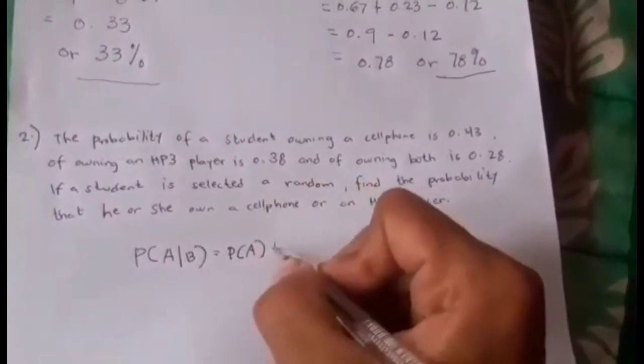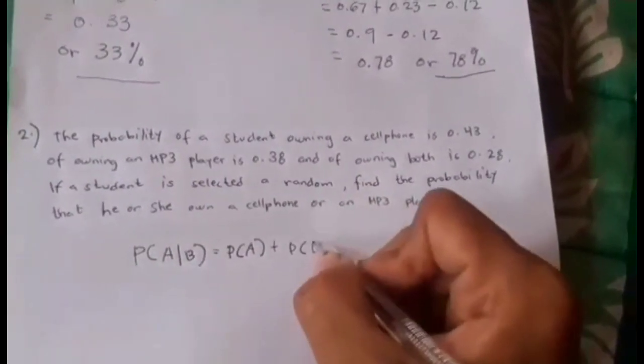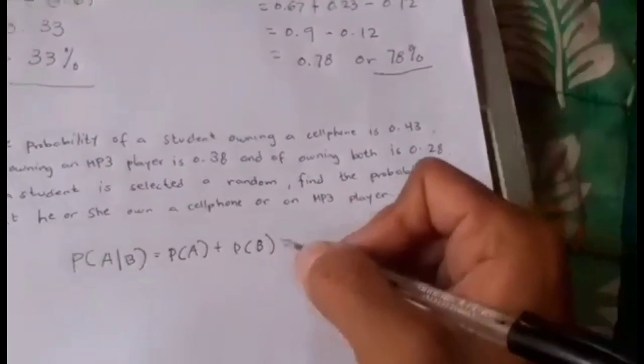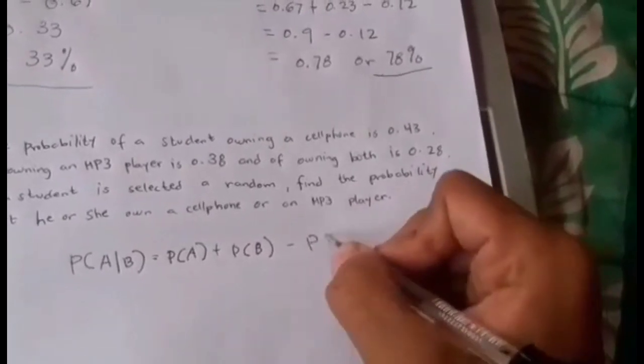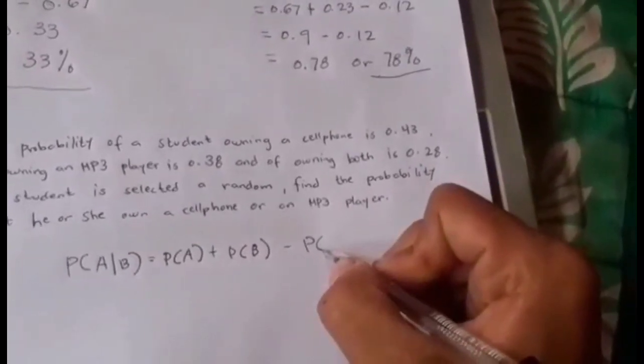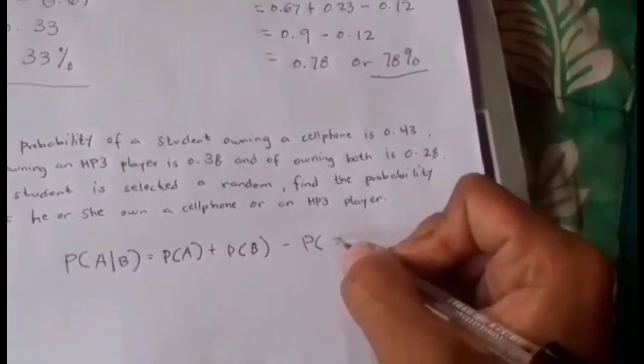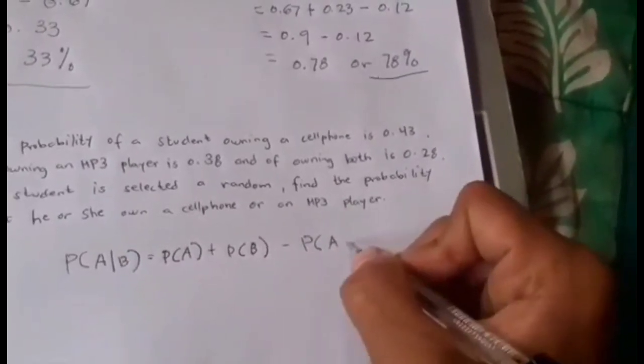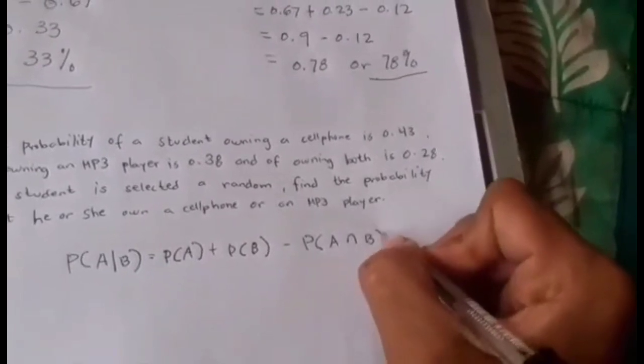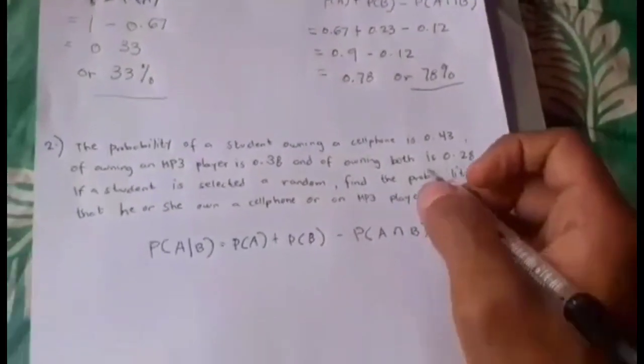So we can use this equation that I wrote. P of A or B is equal to the probability of event A plus the probability of event B minus the probability of the intersection.